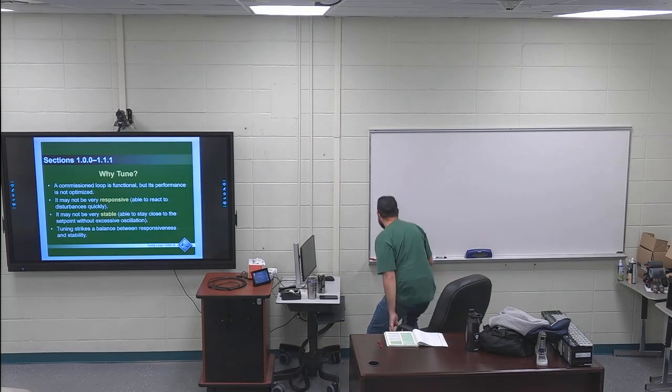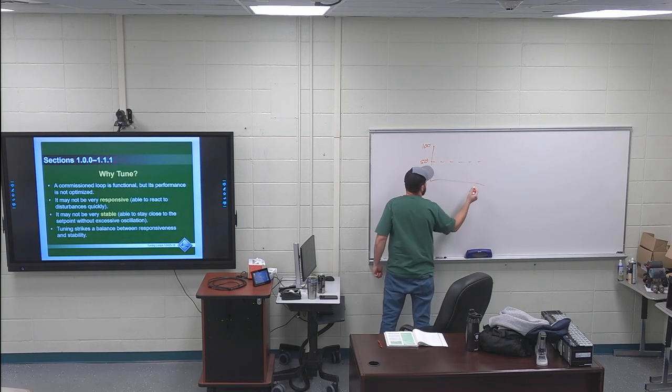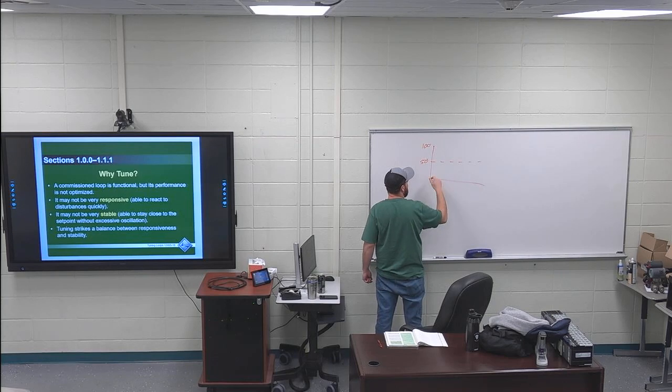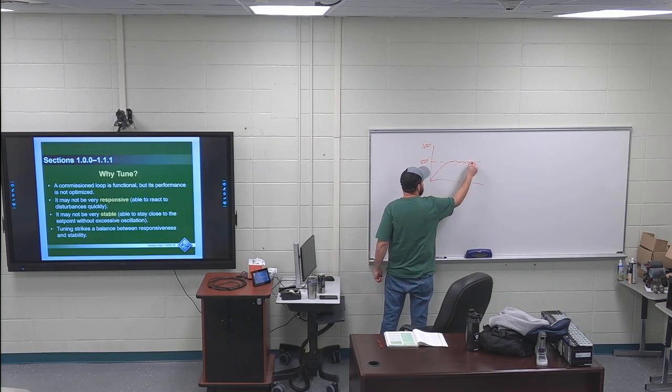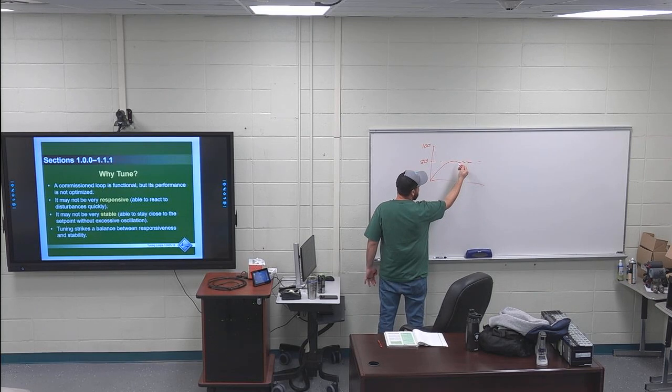So what that's saying is, I have a 100-gallon tank. My set point is 50. My goal is a nice smooth curve to get up to 50 that might move something like this. My time constant is to get to steady state.